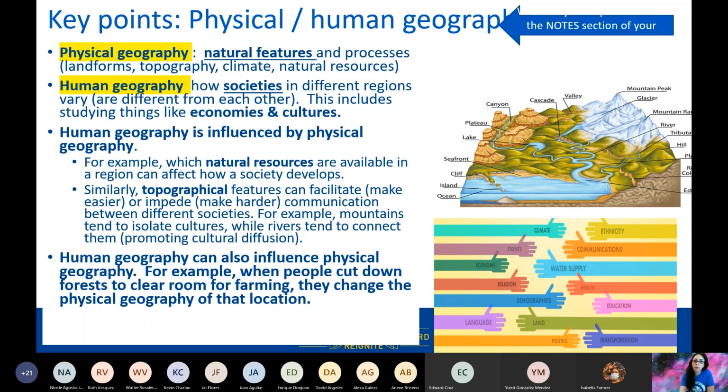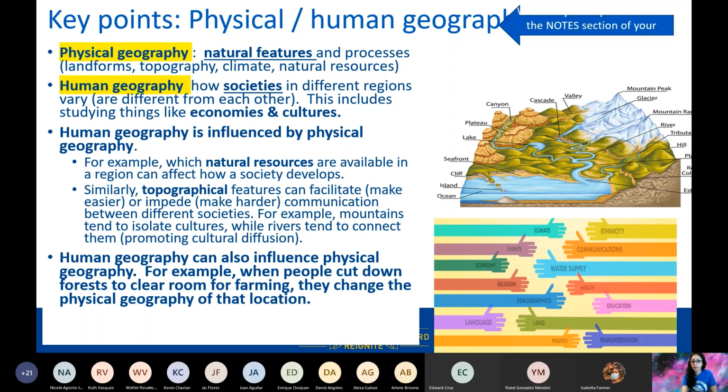At the very beginning of the year, we learned about physical and human geography first. The difference between physical geography, which is all about the natural features of the Earth, landforms, topography, climate, natural resources, like the rock that we're on, the way that it is without us messing with it too much. That's physical geography.